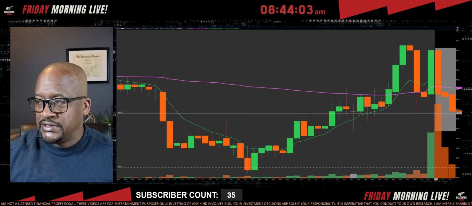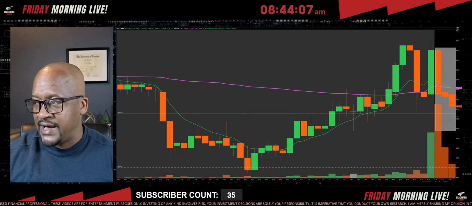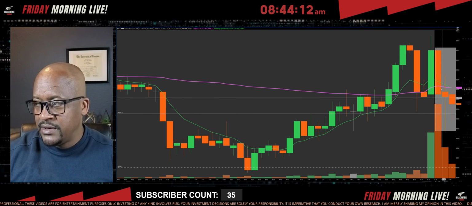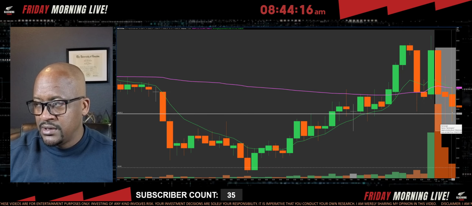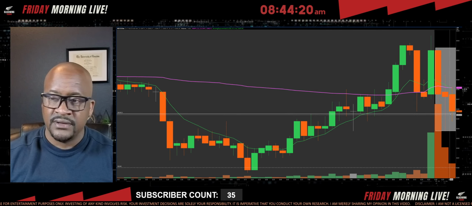You can see that it's still respecting this high from yesterday, though, 63.45.5. It trades down a little bit below it, then it comes back up. Same thing here. It trades down maybe a little bit below it, comes back up. So it's respecting this line right now.